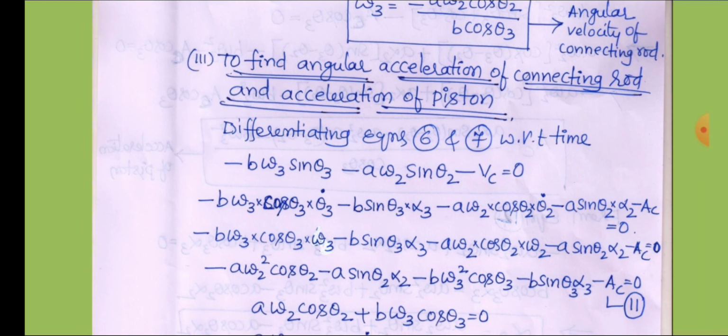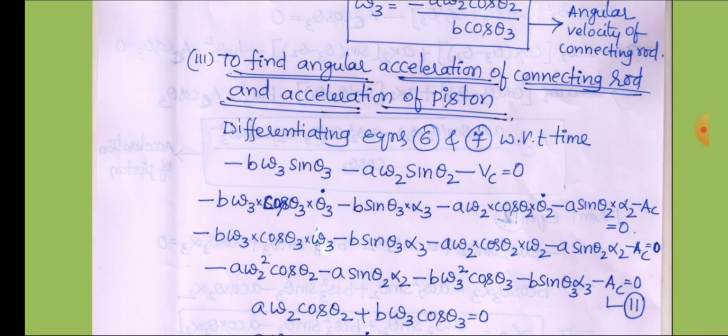And next, one more acceleration, that is for the connecting rod, as it is oscillating or revolving or rotating, a rotational component, therefore the acceleration is nothing but the angular acceleration of the connecting rod. So I should find the angular acceleration of the connecting rod, that is alpha 3, and the acceleration of the piston, A suffix C, that you can see in the first slide.